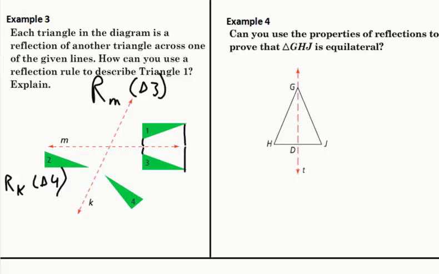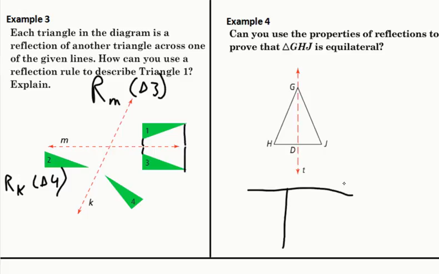So let's go to example 4. Can you use the properties of reflections to prove that triangle GHJ is equilateral? All right, so we're going to make a proof.